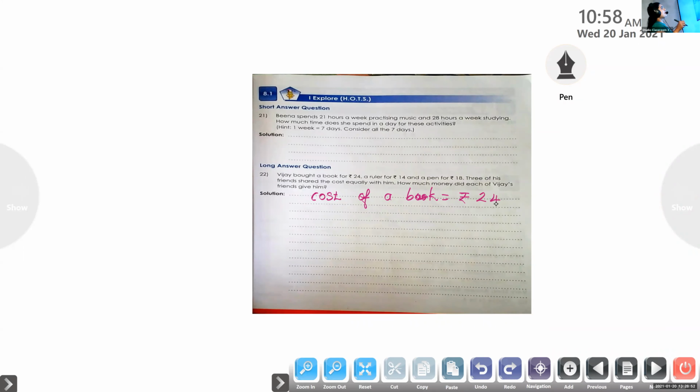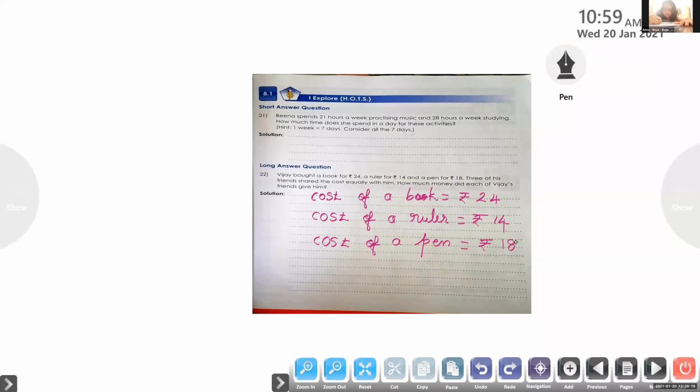And what is the cost of a ruler? 14. Cost of a ruler is equal to rupees 14. Then, what is the cost of a pen? 80. Cost of a pen is equal to rupees 80.